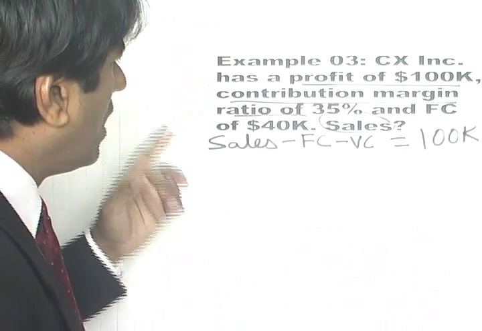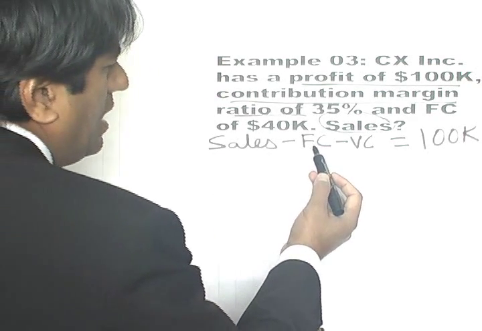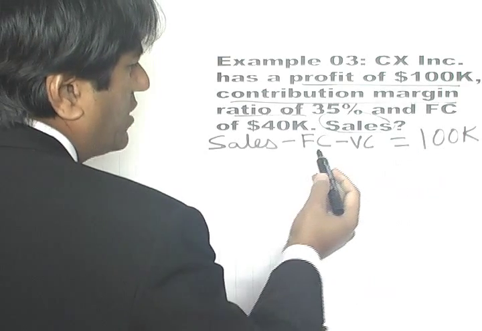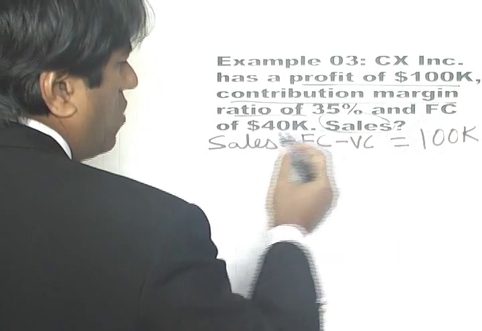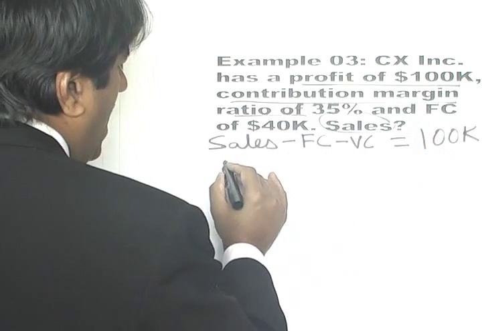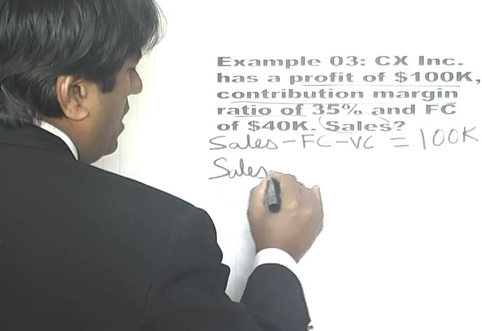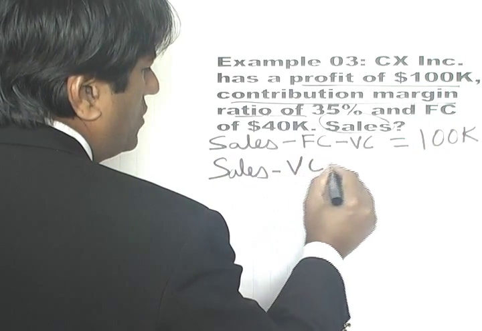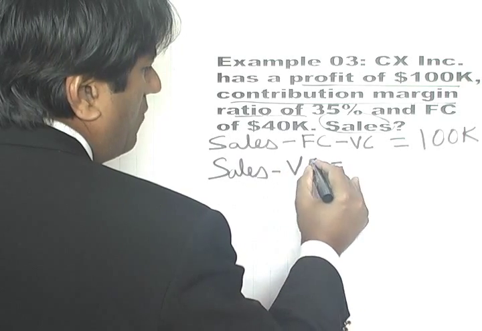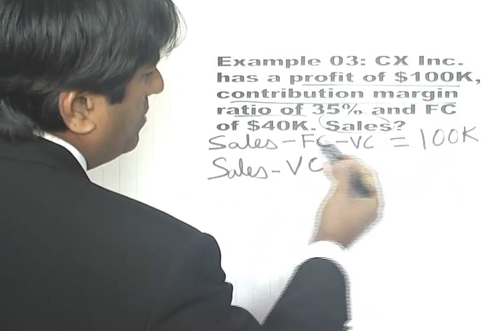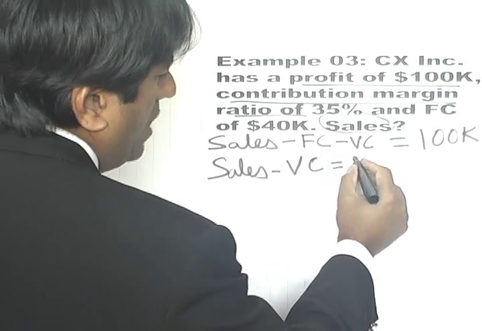We are also told that fixed costs are 40K. So what we have then is sales minus variable costs equal 100 plus fixed cost, or that is 140K.